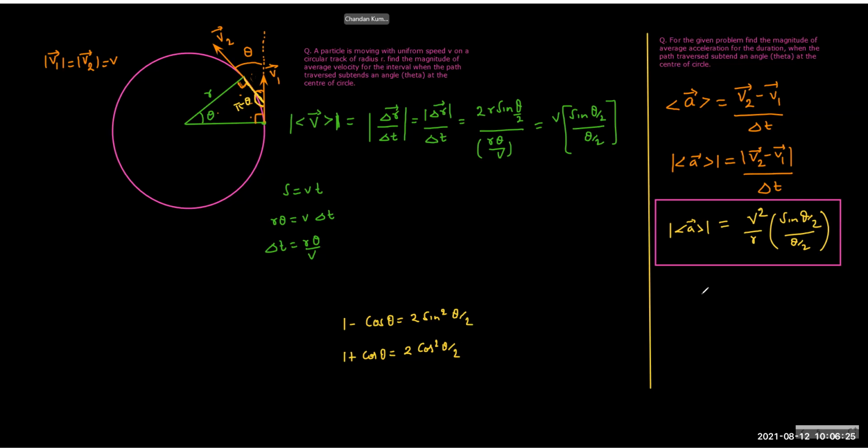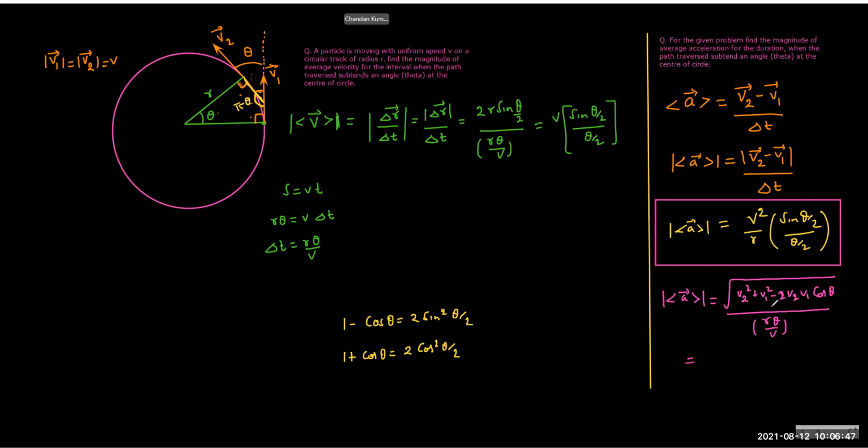Okay, can you solve after that step? Yeah, I will solve all of it. I think you need this first. So you can write the formula as v2 square plus v1 square minus 2 v2 v1 cos theta upon r theta by v, because time.